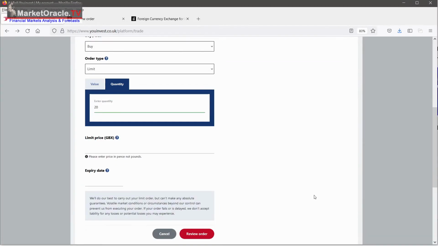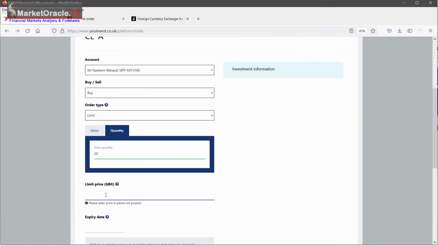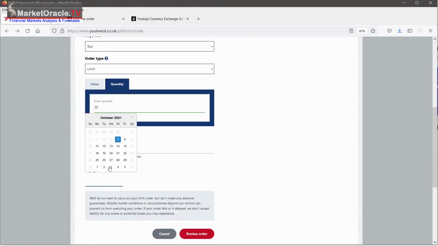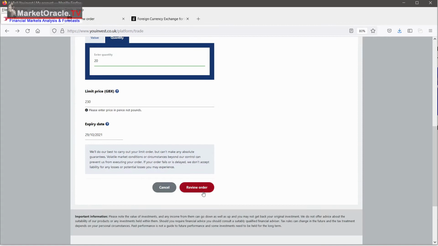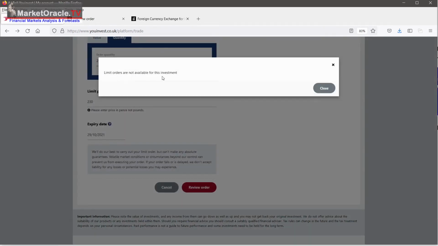Oh, you have to do a limit order in British pounds. Let's do a 230. I know it's more than that. Expiry date. Right, see, you can't place limit orders. Limit orders not available for this event. Yeah, piece of garbage platform.